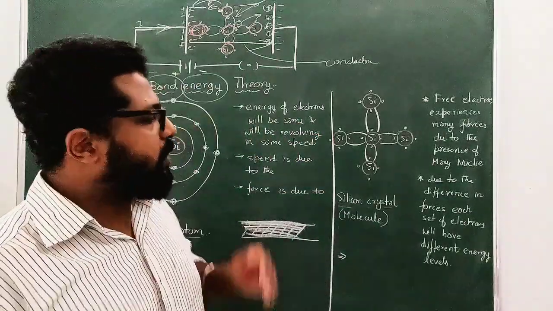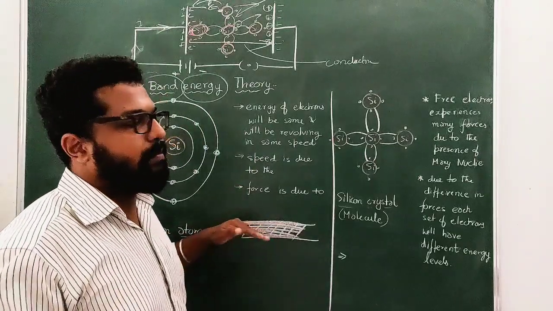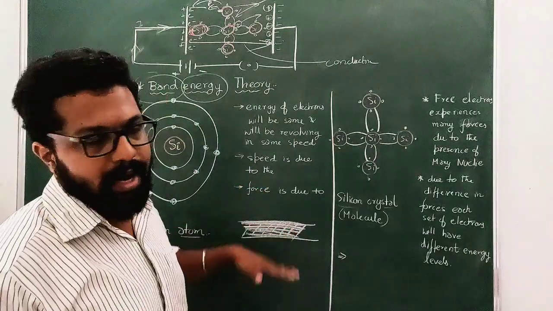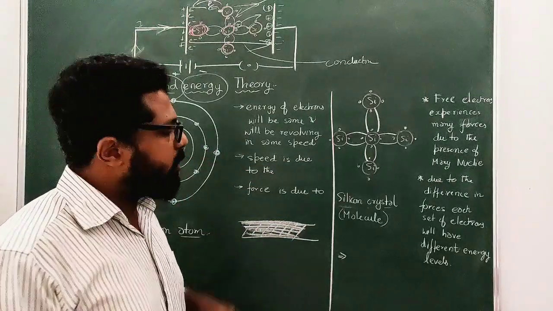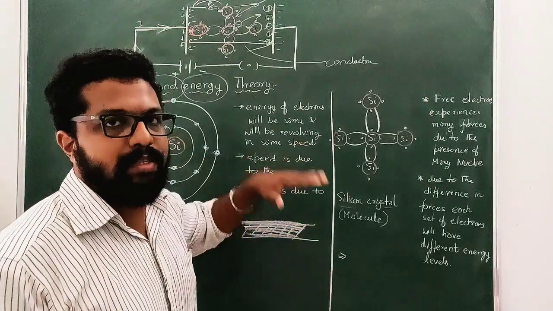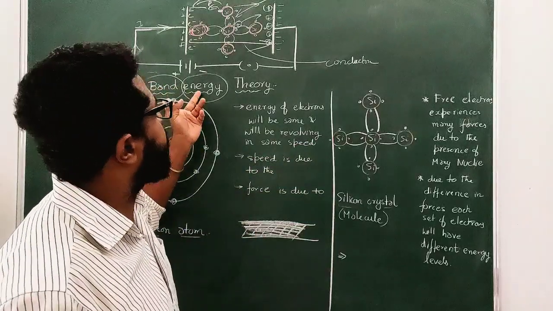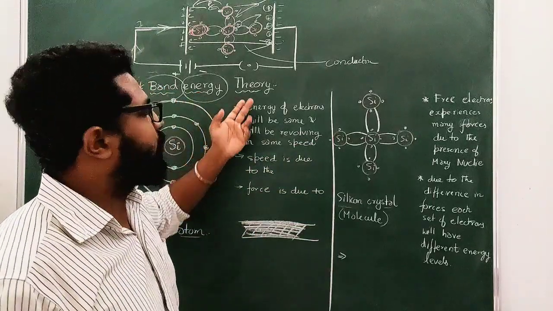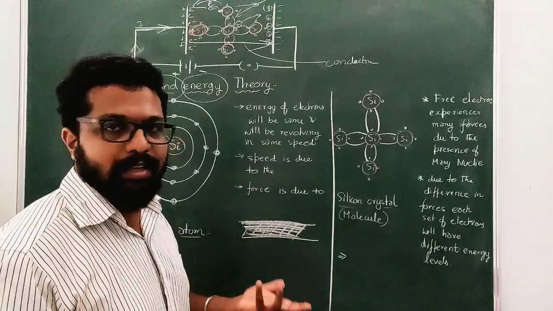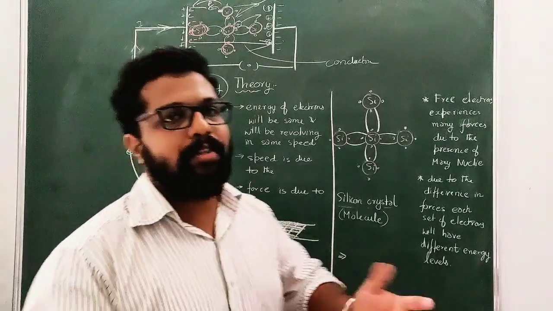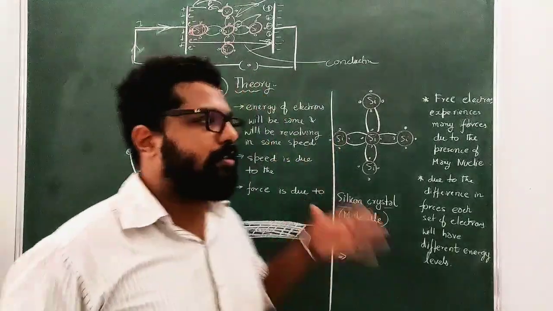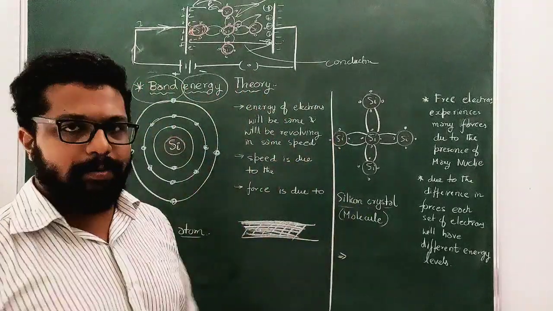Clear? So we are arranging them into the form of bands: a lower energy band, a middle energy band, and a higher energy band. We are arranging them into different levels, and that is called band energy. And that full topic is nothing but the band energy theory.